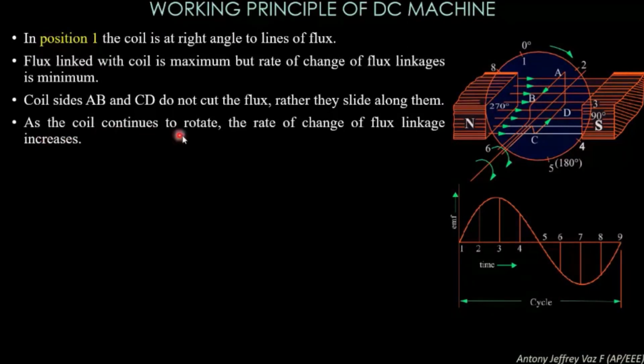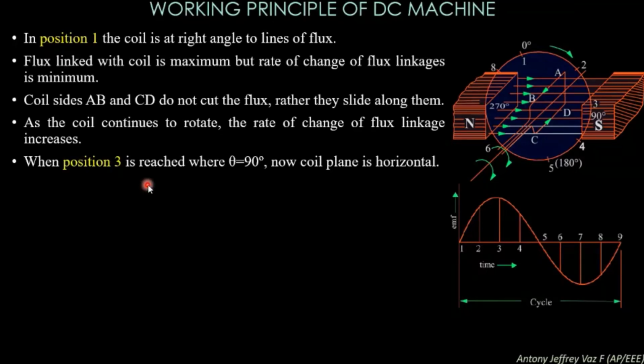As the coil continues to rotate, the rate of change of flux linkage increases. So at this position 1, the coil is at 0 degree. At this position, the rate of change of flux is minimum, so the voltage produced is 0.